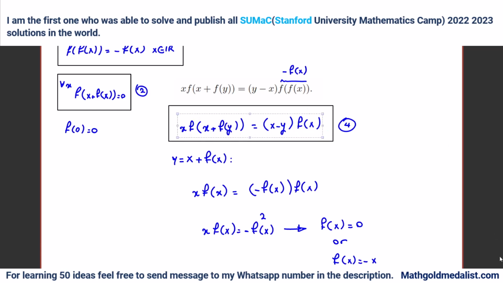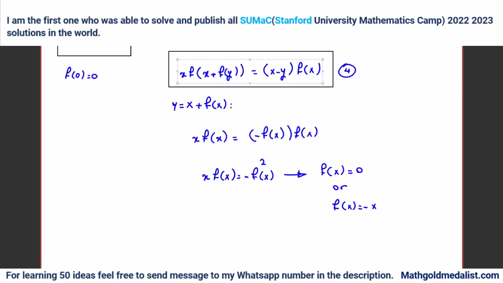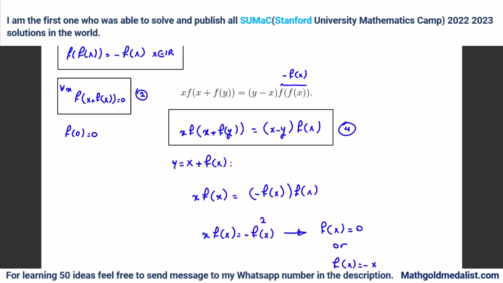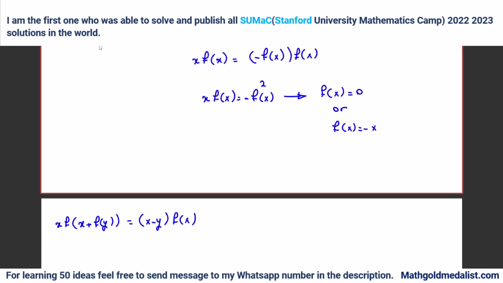Okay, so let's check. The rest is similar to the JMO problem. So here, our result, let's call it the fifth result: for all x, f of x is 0 or negative x, right?